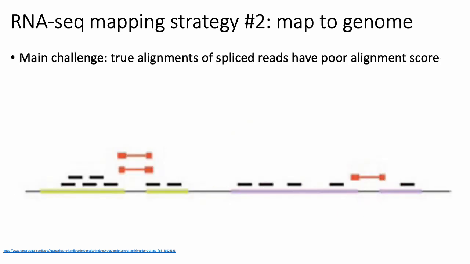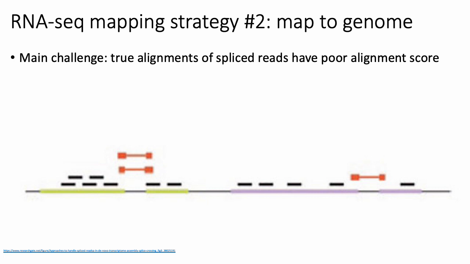The second approach you can use is to basically just take reads and map them back to a reference genome. And so here you might just take each read and align them to the genome and hope that most of the reads align uniquely to the genome. And so the main challenge you have with mapping reads back to the genome is that reads that map entirely to, for example, one exon may be alignable, but the bigger problem are the reads that span splice junctions.